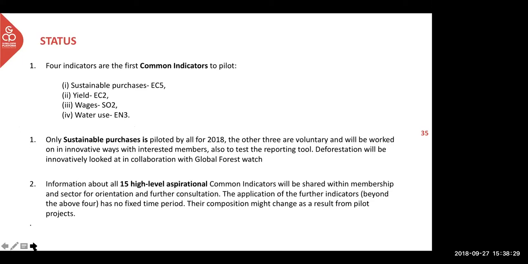Some of the common ones that have been agreed upon, for instance, are the issue of sustainable purchases. We also have the coffee barometer that came out earlier this year. But the idea is that the members of GCP have agreed to ensure that annually a similar level of effort is put in voluntarily for them to show that.